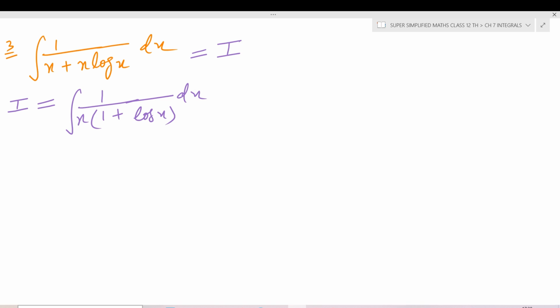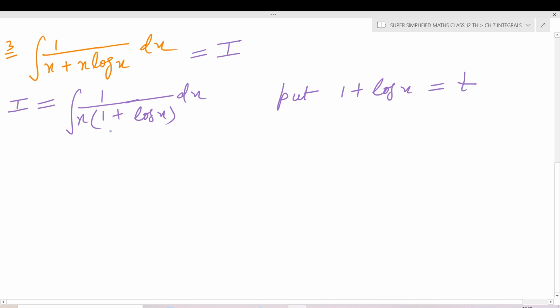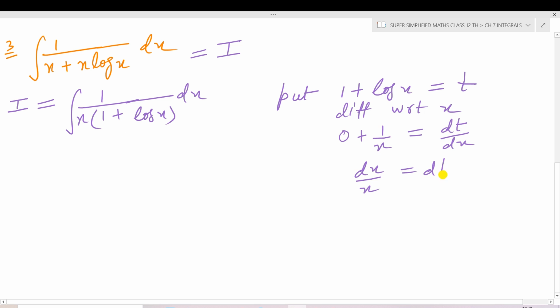Now students, you can see that if I substitute 1 plus log x to be t, and differentiating both sides with respect to x, derivative of 1 is 0, derivative of log x is 1 by x, and derivative of t with respect to x is dt by dx. Now cross multiplying we get dx upon x is equal to dt.